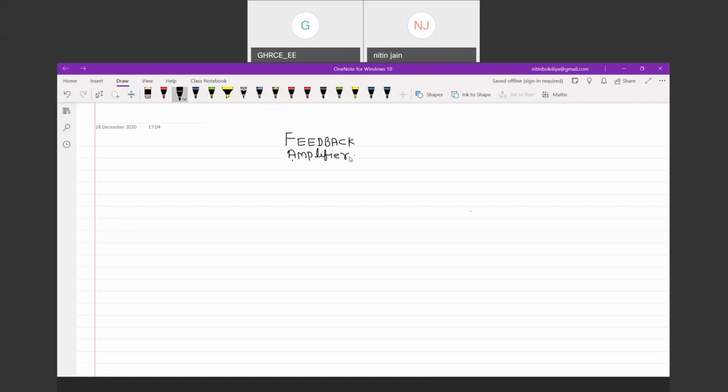So what is the effect? We want to know the effect of feedback on a circuit. So let's discuss this.